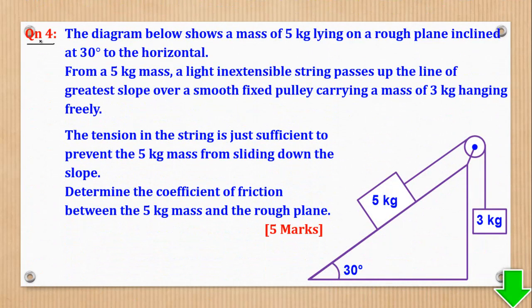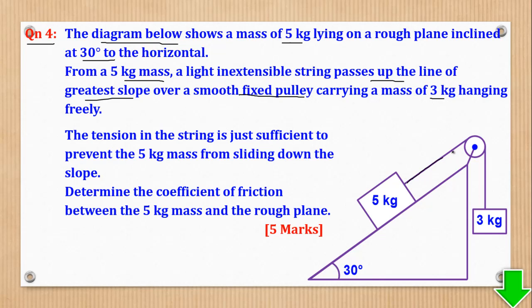So now we shall go to question 4. Question 4 says, the diagram below shows a mass of 5 kilograms lying on a rough inclined plane at 30 degrees to the horizontal. From the 5 kilogram mass, a light inextensible string passes up the line of greatest slope over a smooth fixed pulley carrying a mass of 3 kilograms hanging freely.